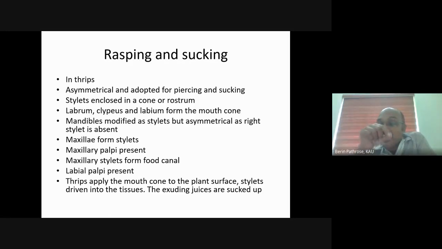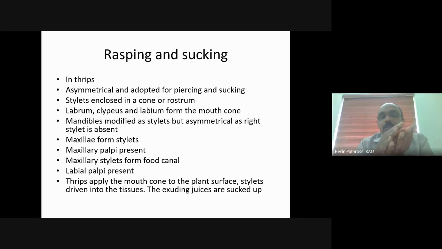Mandibular stylets pierce the plant tissue, and maxillary stylets form the food canal. So it has a mouth cone or rostrum formed by clypeus, labrum, and labium. Mandibles and maxillae are modified into stylets, but the right mandible is absent. The maxillary stylets have the food canal. Both maxillary palpi and labial palpi are present.